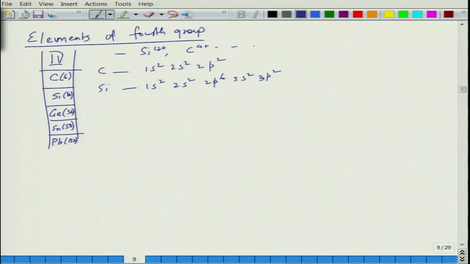This is how the electronic configuration will be. So what you have here in the outermost orbitals is an even number of electrons.